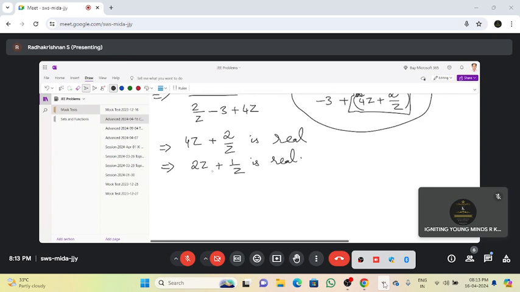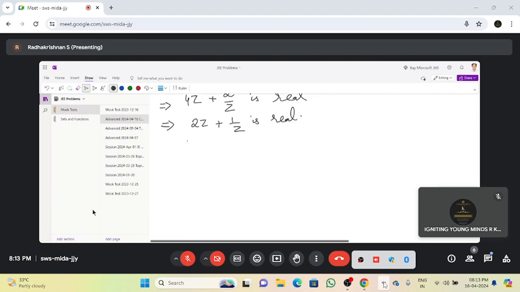Now we can use the same approach that we had used before. There are two ways we can go from here. One is our standard approach: 2 into (a plus ib) plus 1 by (a plus ib).